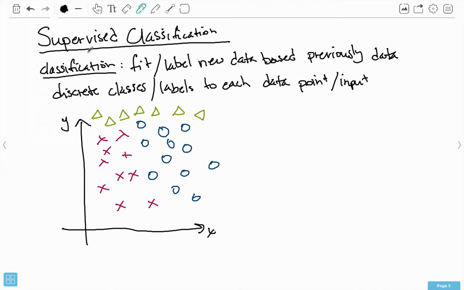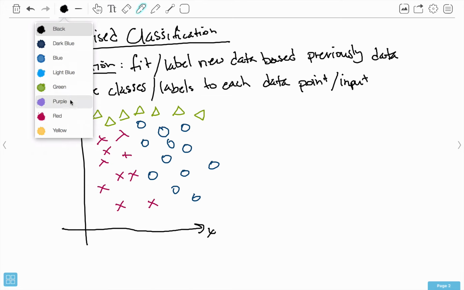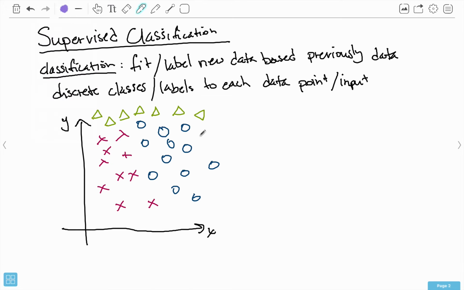Suppose my new point is in purple, and it's here. I would ask the classifier, what label should I assign to this? Should it be a blue circle, a red X, or a green triangle?